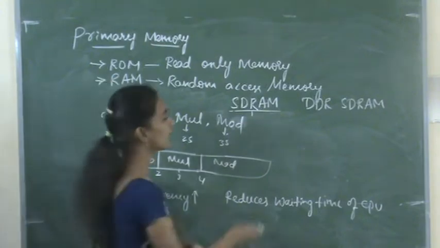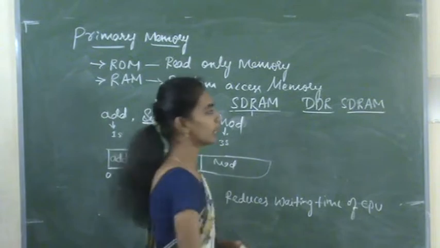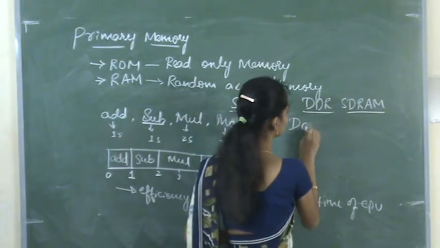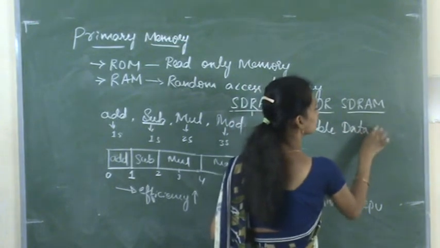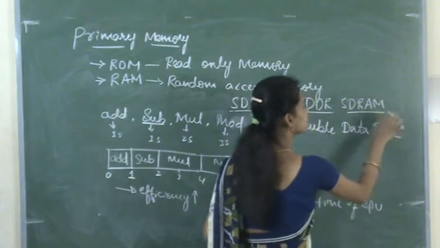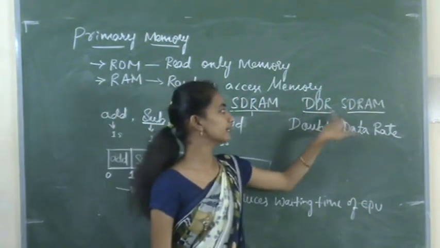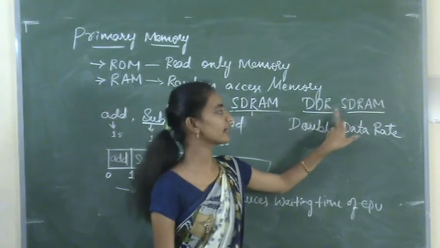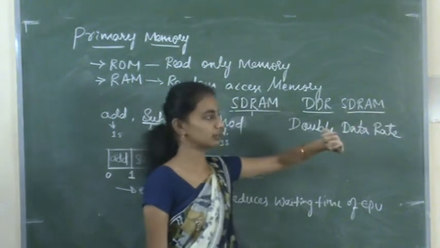So next we have DDR SDRAM. Okay, so it stands for double data rate synchronous dynamic random access memory.